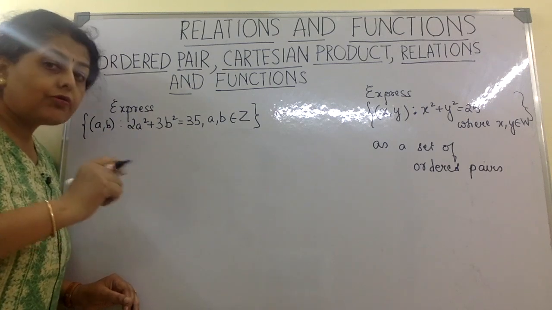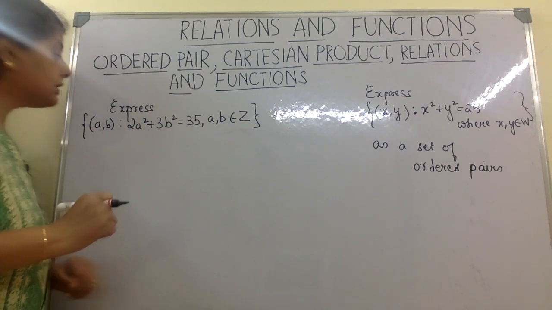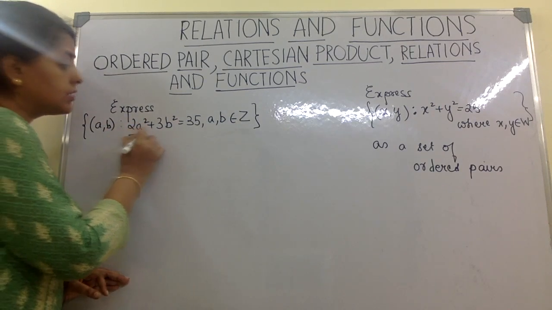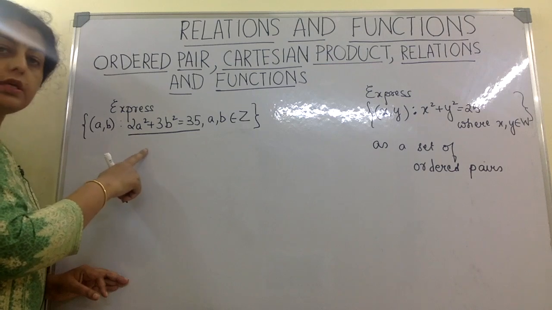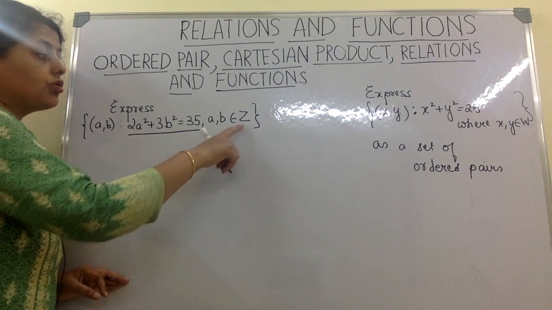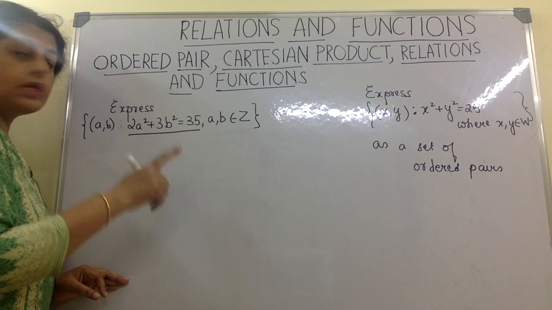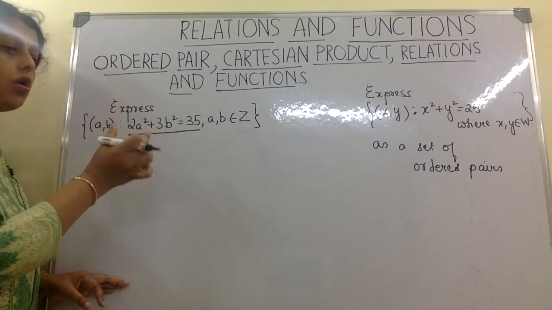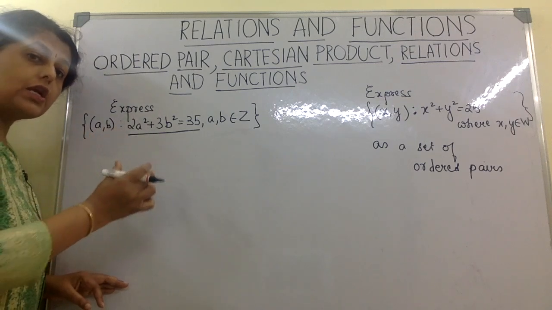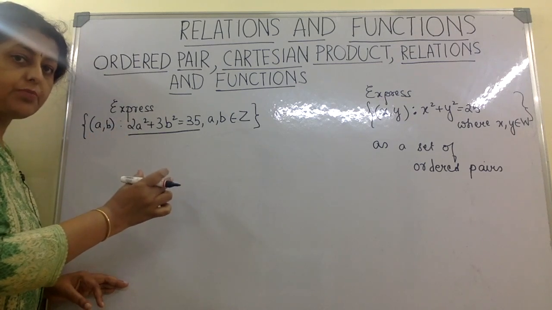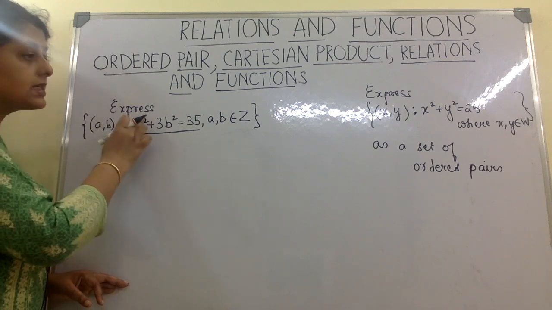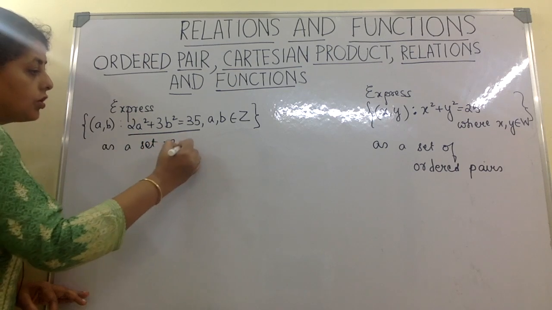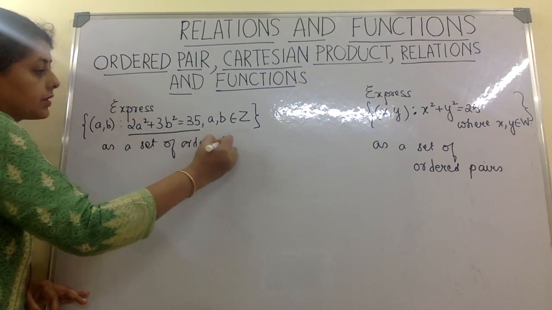Now let us see what we are talking about. Supposing we have this one given, 2a square plus 3b square is 35, and a and b belong to Z. They are saying express as a set of ordered pairs.